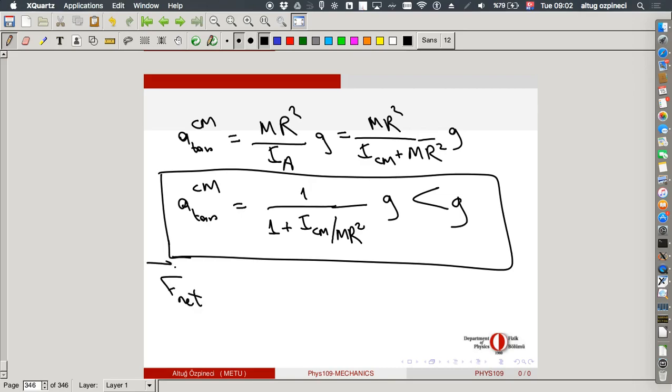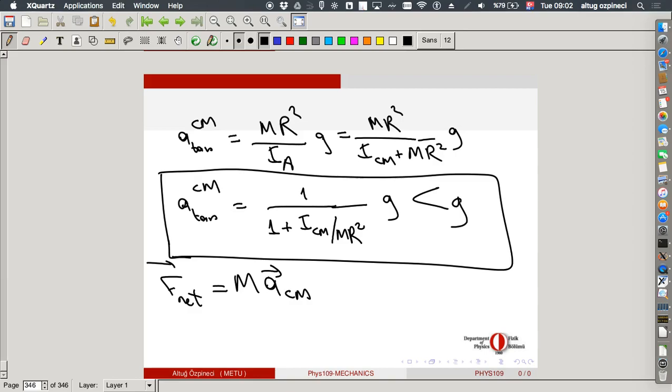The net force is always equal to the mass times the acceleration of the center of mass. This is always true whether the object is rotating, translating, or whatever weird motion it can be doing. This should be always true.